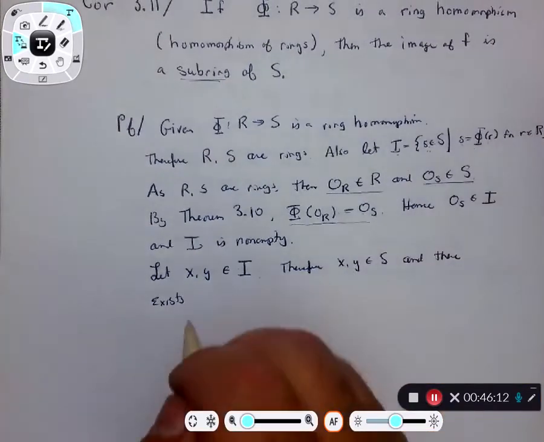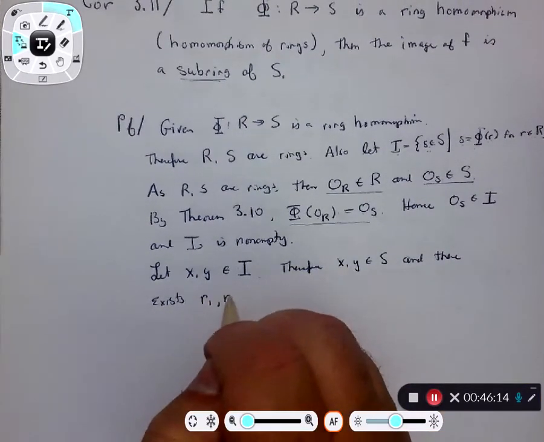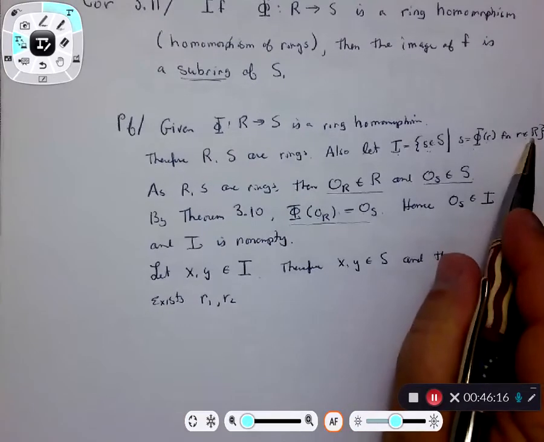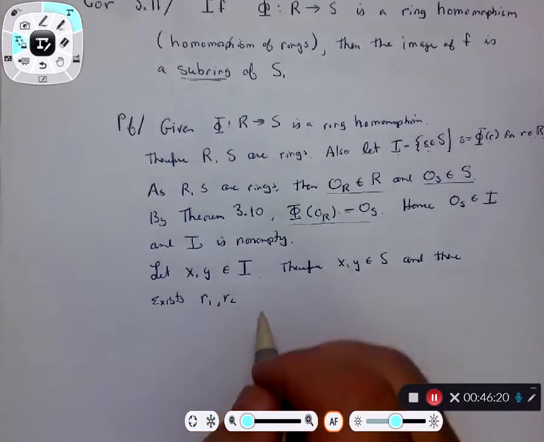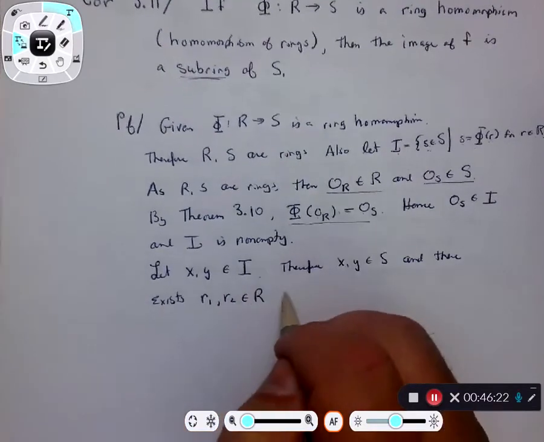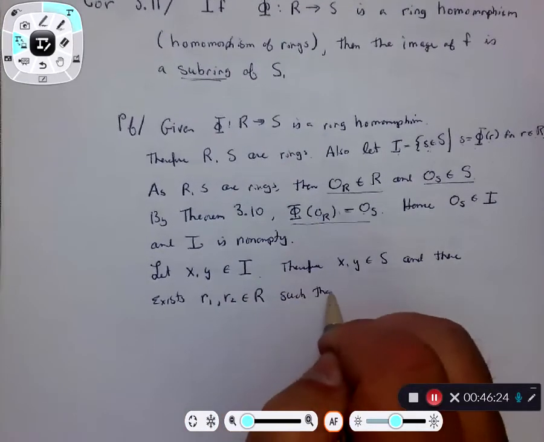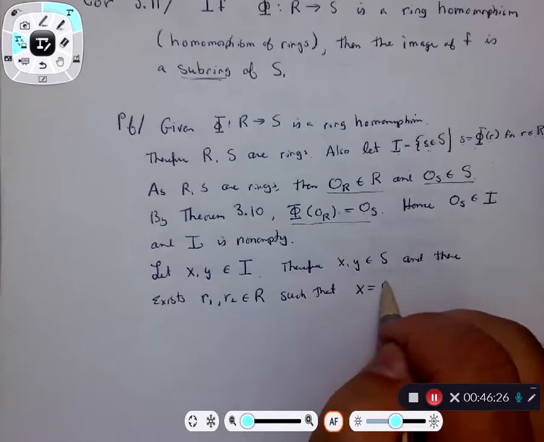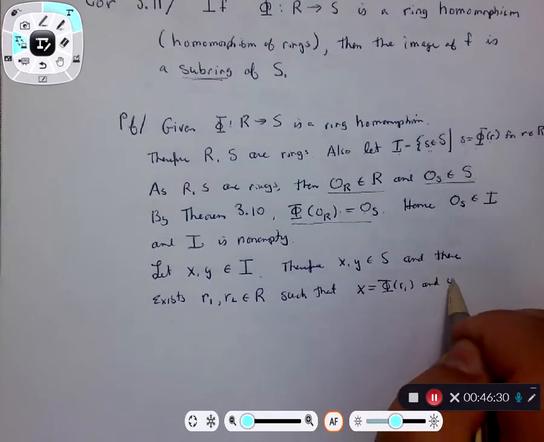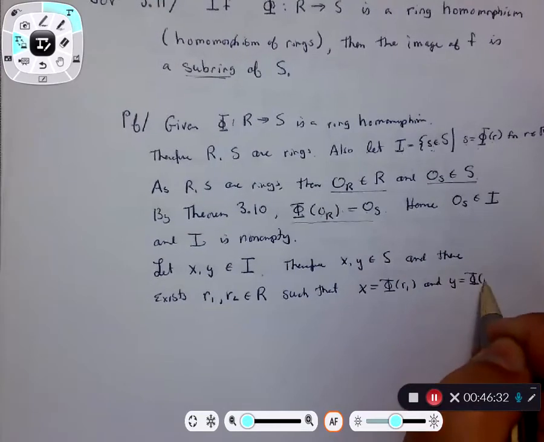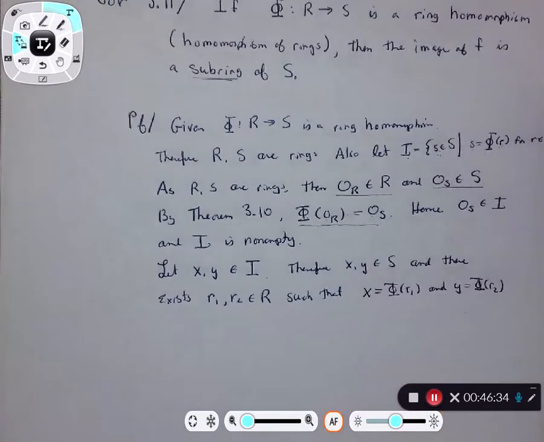So there exists an R1 and R2 elements of R such that X is equal to phi of R1 and Y is equal to phi of R2.